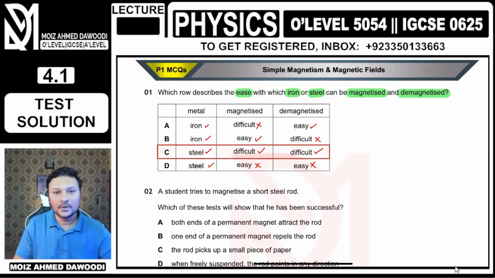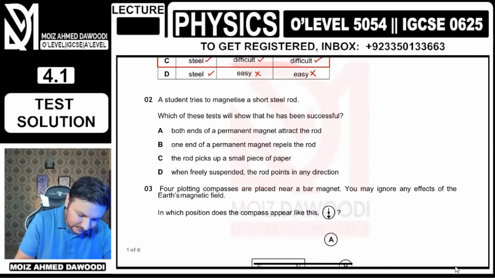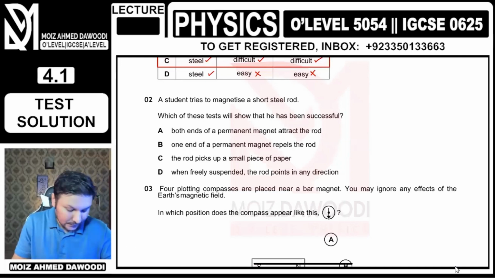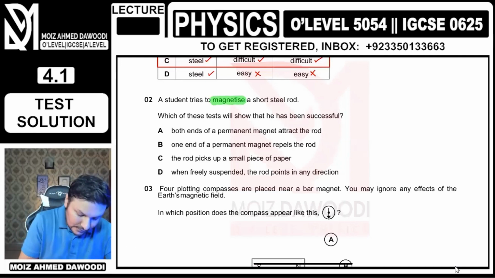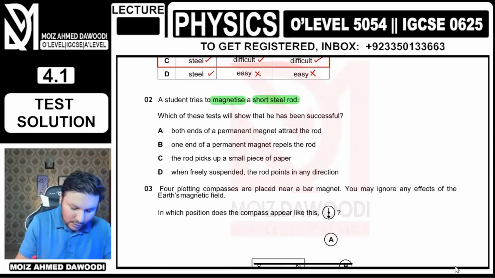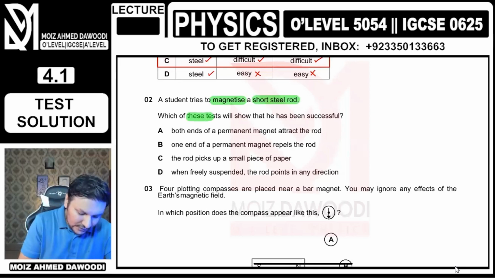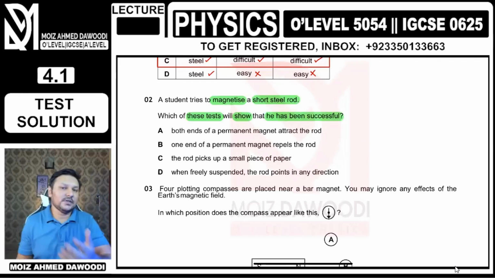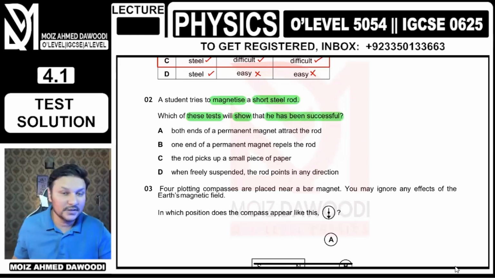Okay, now move ahead. A student tries to magnetize a short steel rod. Which of these tests will show that he has been successful? He is about to magnetize a steel rod, and which of the options shows that he has magnetized the steel rod?